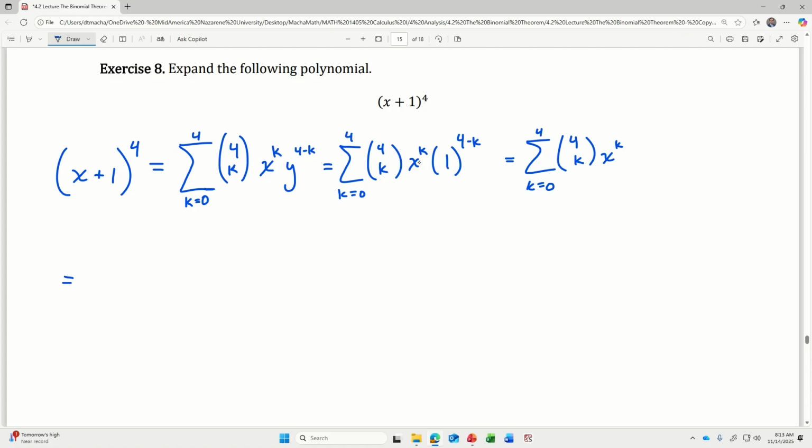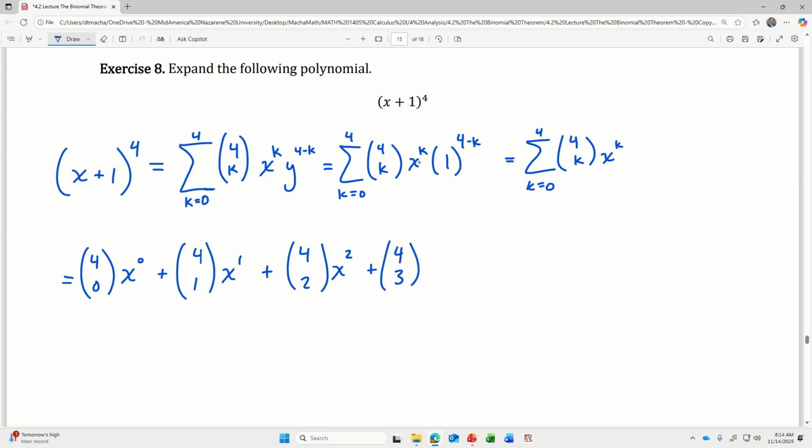The first one is going to be 4 choose 0, x to the 0, and then 4 choose 1, x to the 1, and then 4 choose 2, x to the 2, and 4 choose 3, x to the 3, and then 4 choose 4, x to the 4.